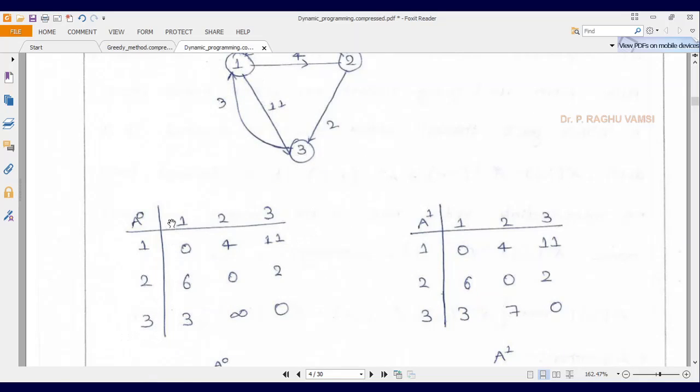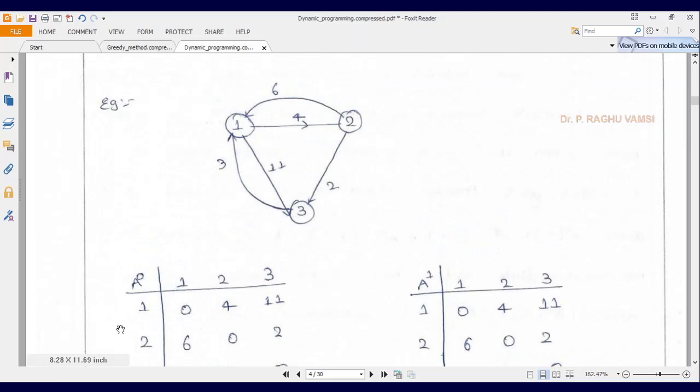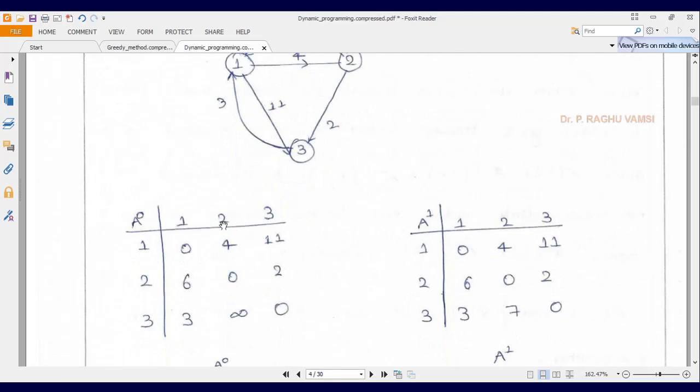Is there a path? Okay, the 3 to 1 path is there, and the weight is 3. From 1 to the destination 2, is there any path available? Yes, 1 to 2 there is a path with weight 4. So 3 plus 4 is 7. So that infinity will be replaced with 7.